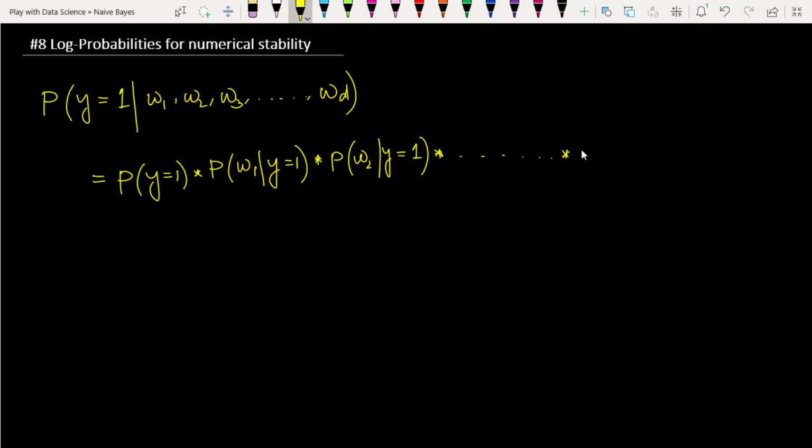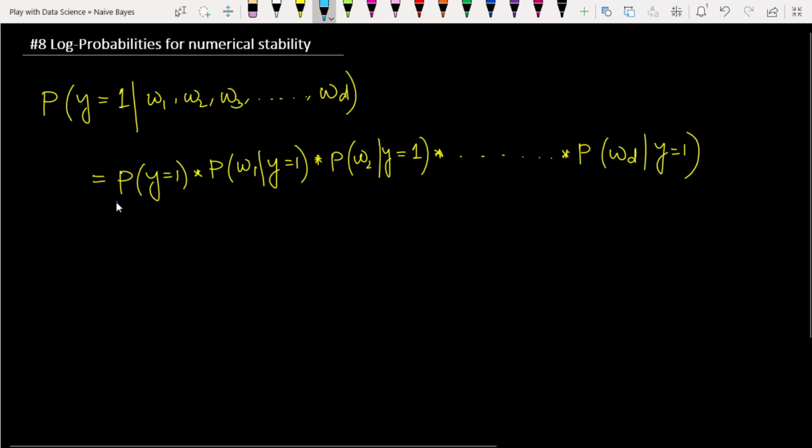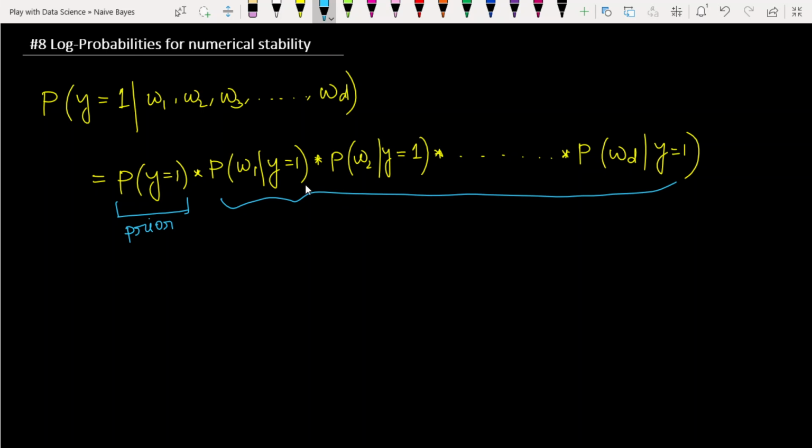The last one will be the probability of wd given class label y equals 1. We call the first probability the prior probability, and this kind of probability we call the likelihood probability.